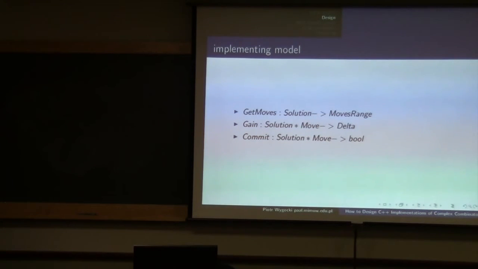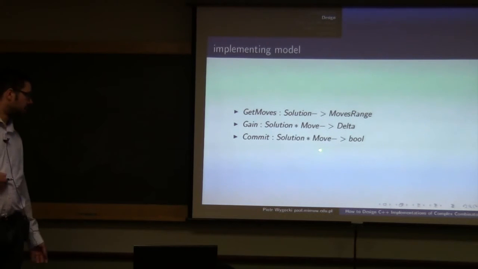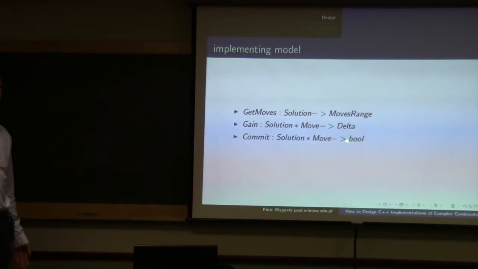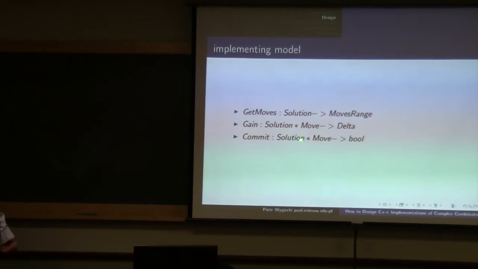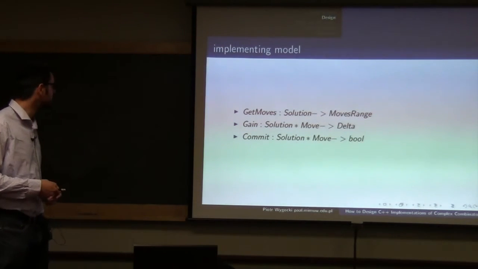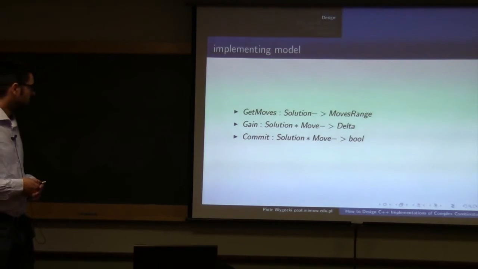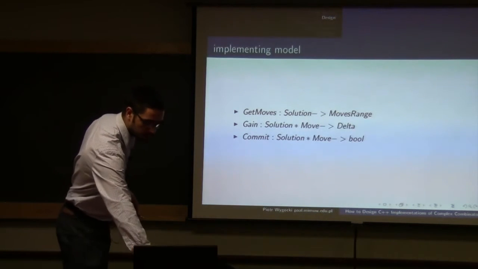This is the first reason, and the second reason is that in a multi-threading setting the solution might be changed in the meantime, and this move just became not valid or not improving or something like this. Okay, so let's move on.